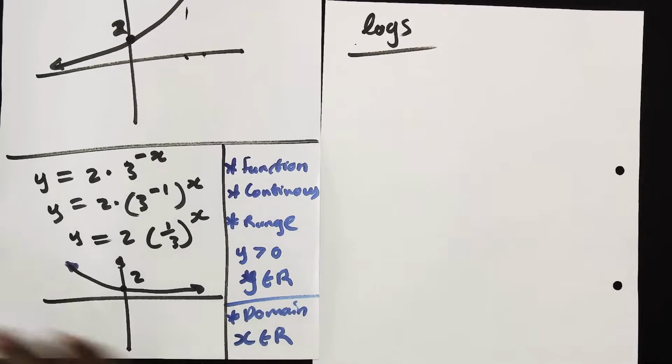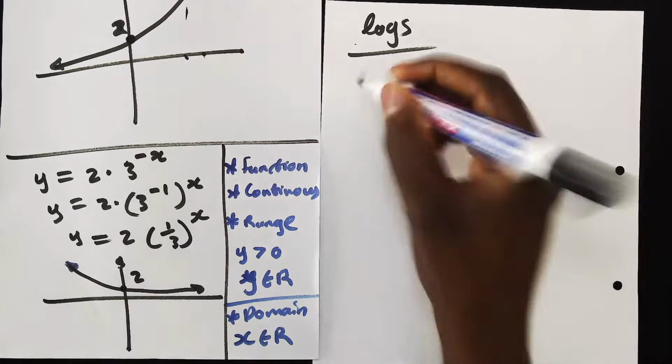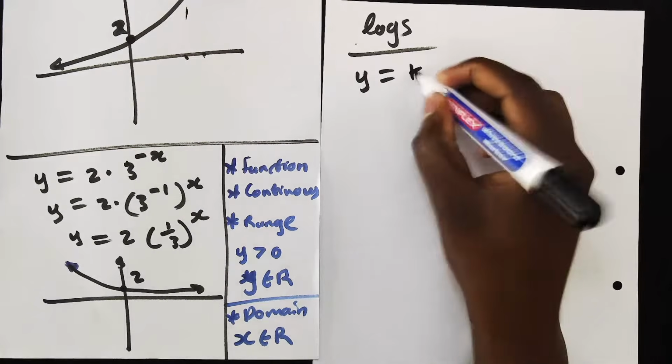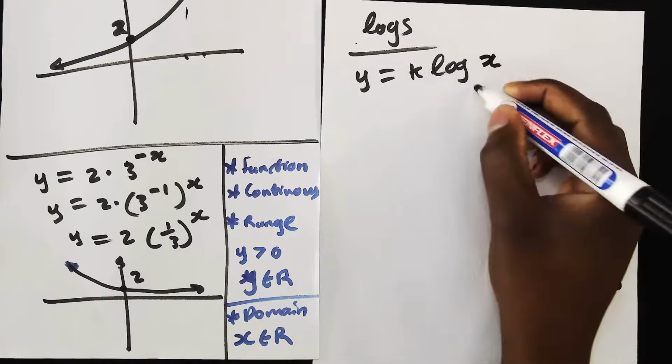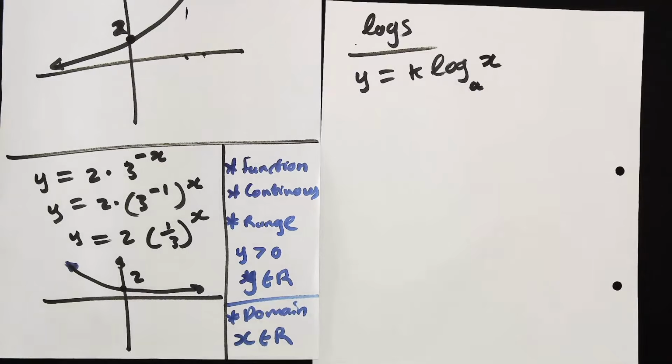So for logs, the basics. Do the same thing. Y, let's say, equals k log x. Let me put base a there. Let's explain utilizing an example, so let's use base a.